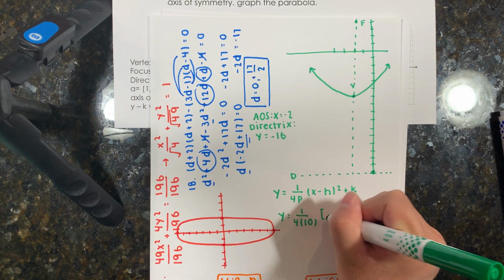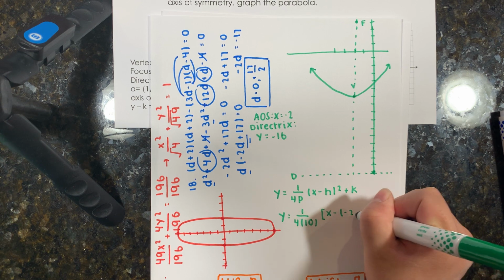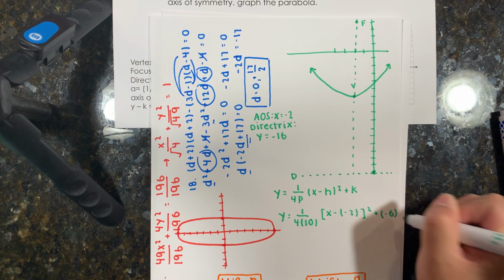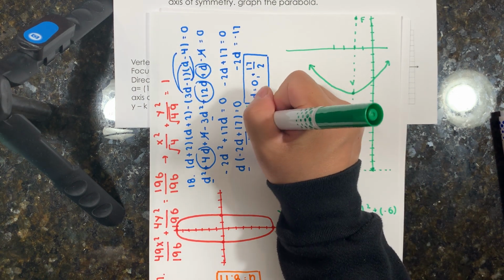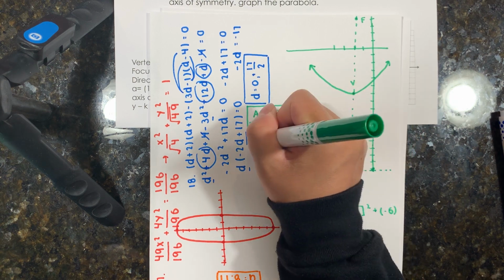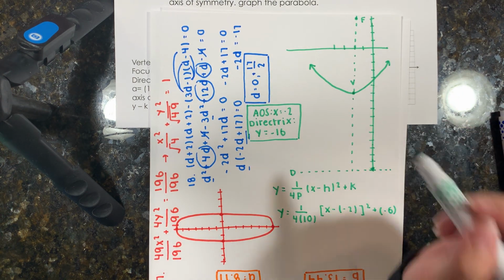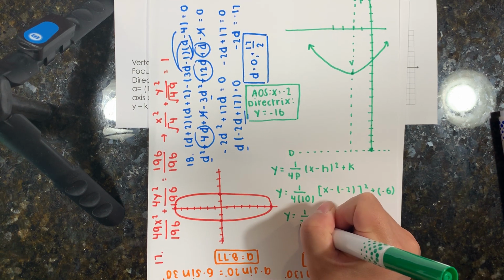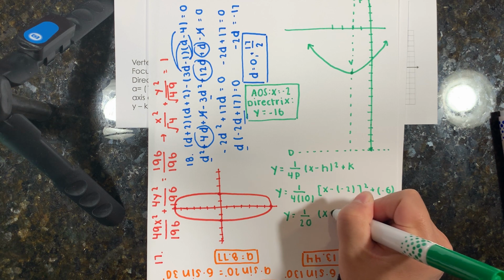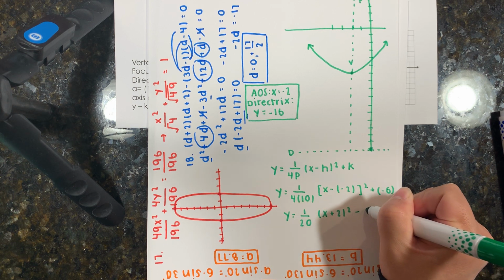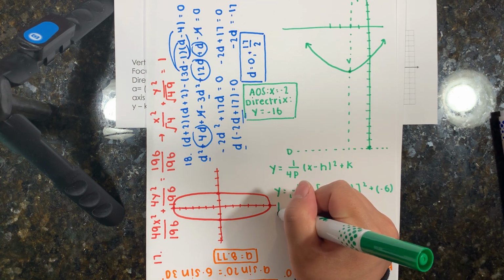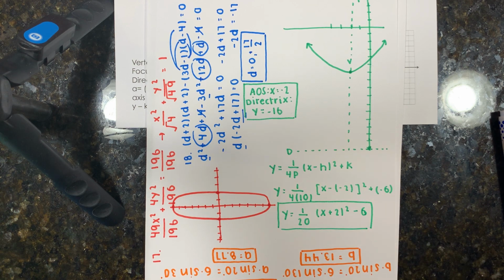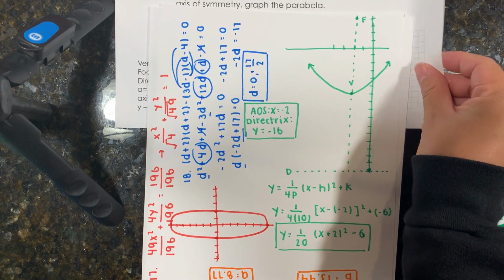So that would be x minus negative 2, plus negative 6. So these are your answers too, your axis of symmetry, as well as your diagram. Your last answer is going to be y is equal to 1 over 20, x plus 2 squared minus 6. And that's number 19.